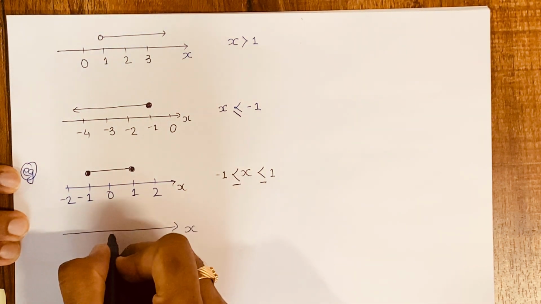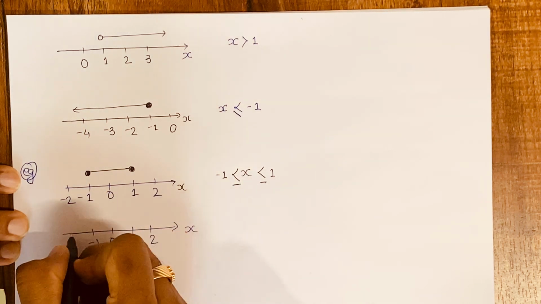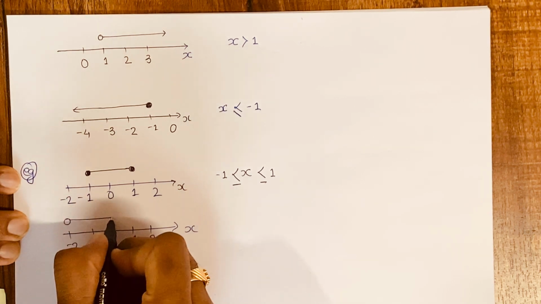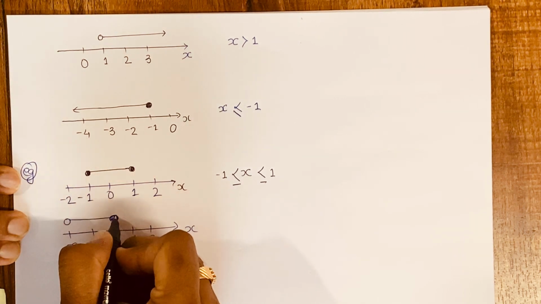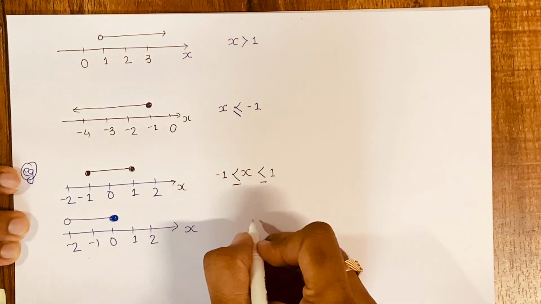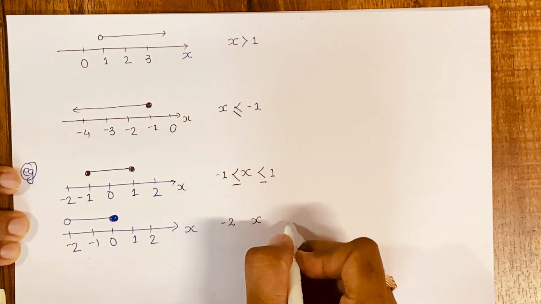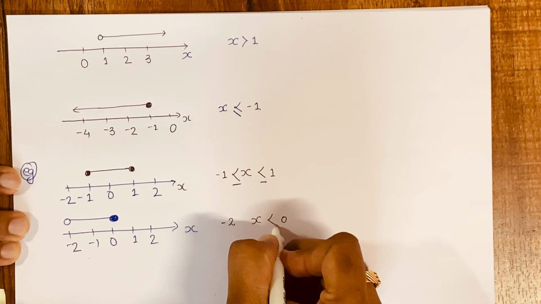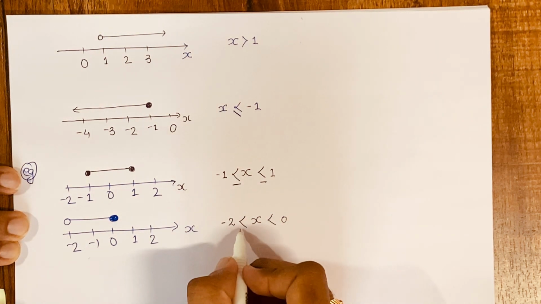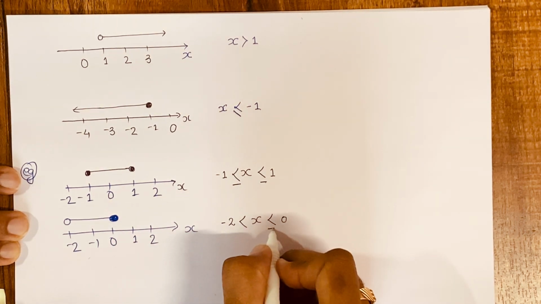Okay. Another example, I'll try to show it. For example, x here again, 0, 1, 2, -1, -2, and this time I am doing a hollow here and a bold here. So how do you write this? You go and you say that, okay, I understand that x is in between -2 and 0, but x is lesser than 0 and it is greater than -2. -2 is not included, so I'm not going to write here an equals to sign, but 0 is included, so I'm going to put an equals to sign 0.